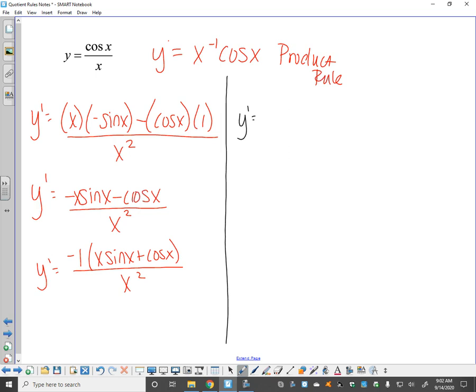And please don't sit there and think, well, if I can do the quotient rule, that's fine, I don't need to watch the product rule. Well, there may come a time where you need to do the product rule on a problem like this. So just watch. Leave it, derivative, plus derivative, leave it.